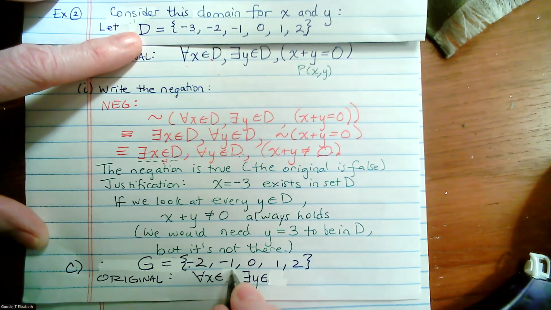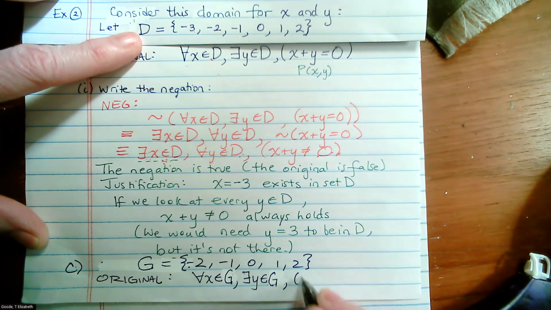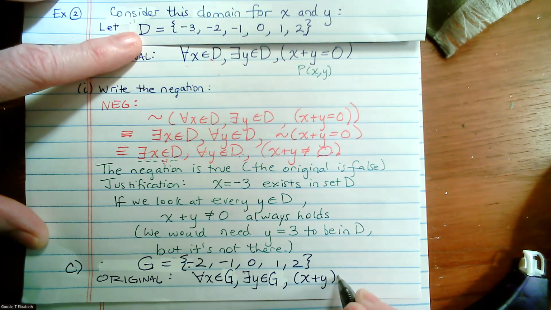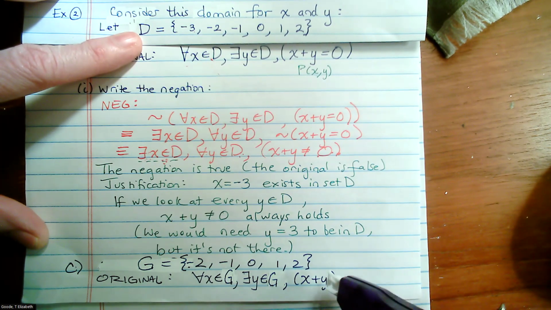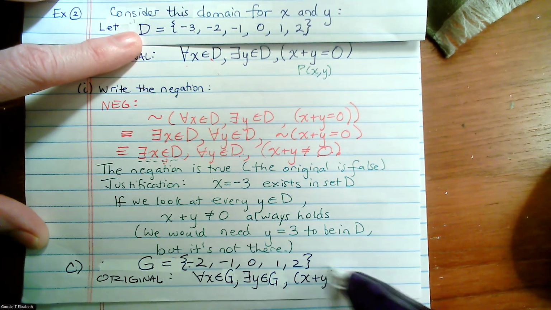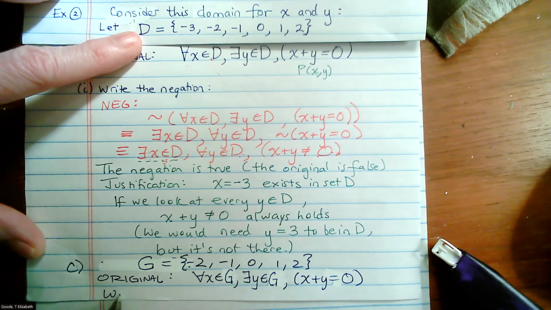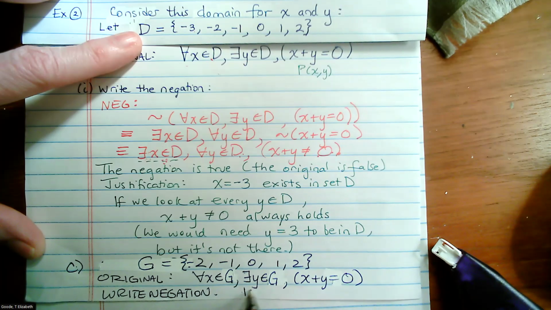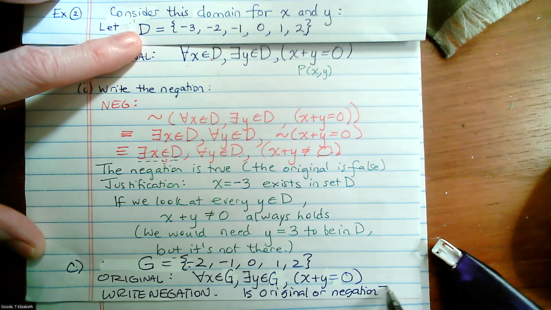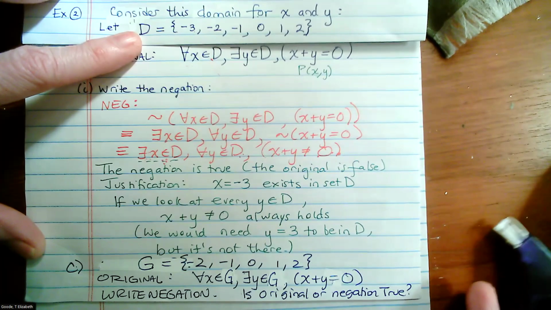Okay. So for all x in G, there exists a y in G such that x plus y equals 0. And so you can write the negation, and then which is true? Is the original or the negation true? One of them has to be.